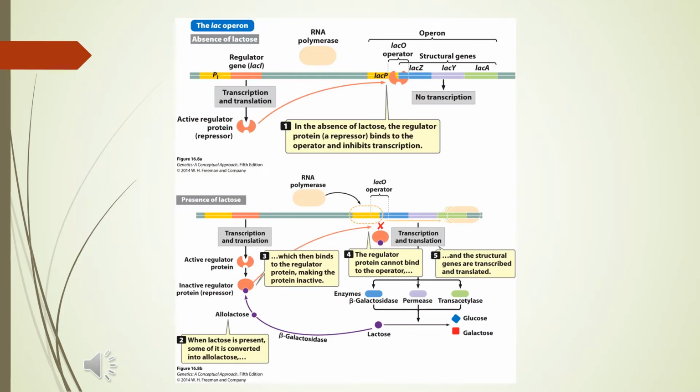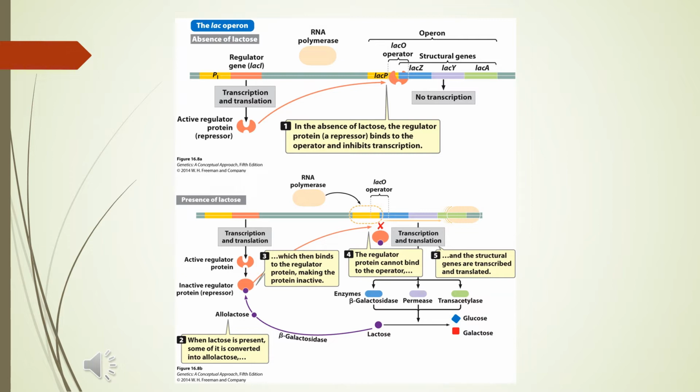So here you can see how the lac operon works. In the first case, lactose is absent. So there is no need of switching on structural genes for the metabolism of lactose, so you can expect a turned off condition of structural genes.